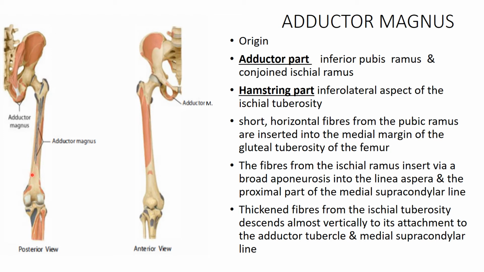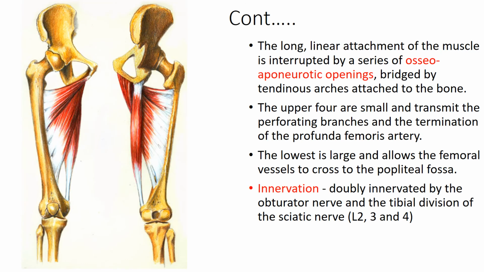So the fibers from the ischial ramus insert via a broad aponeurosis into the linea aspera and proximal part of the medial supracondylar line, and the fibers arising from the pubic ramus, the short horizontal fibers, are inserted into the medial margin of the gluteal tuberosity of the femur.